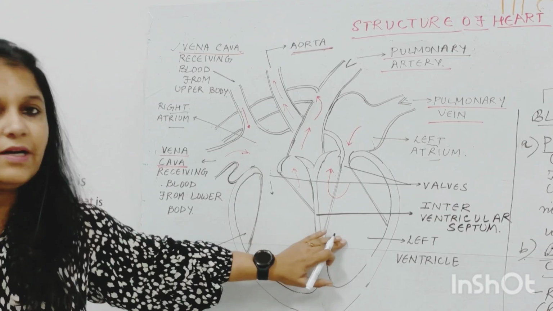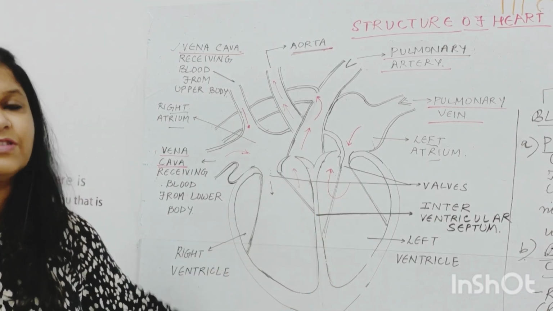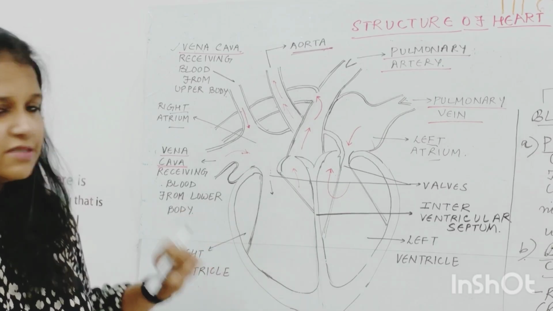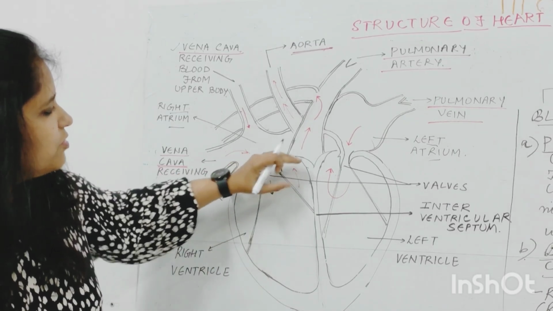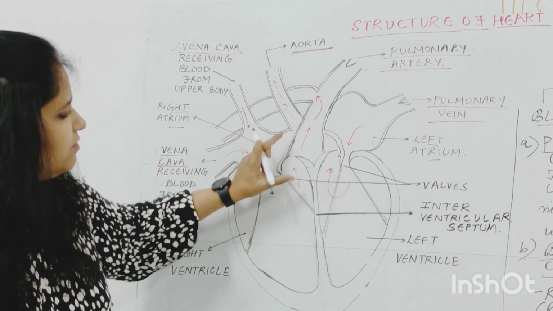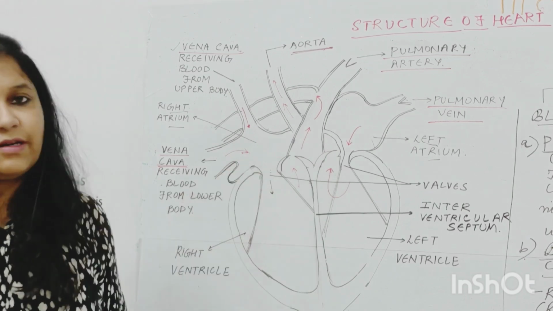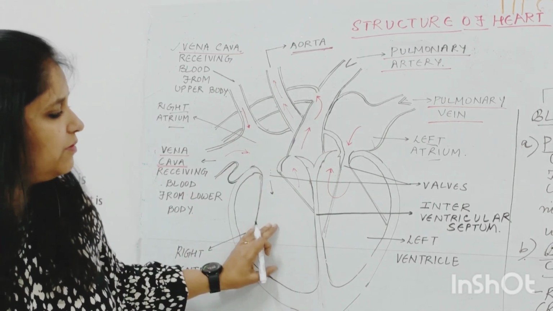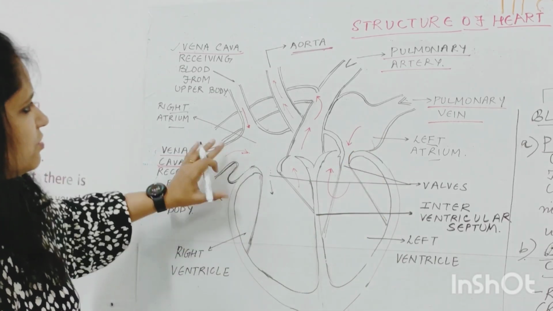Between these two ventricles you have a septum again, known as the interventricular septum, to avoid the mixing of blood. Then there is one more septum which separates the auricle from the ventricle, known as the interauriculoventricular septum. Right? So this is the basic structure of the heart.